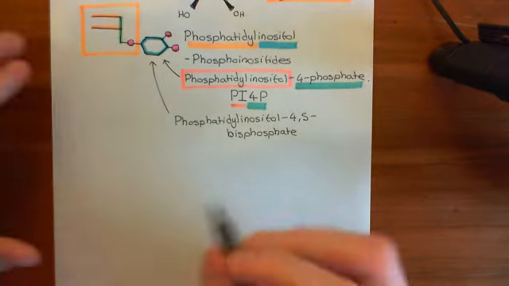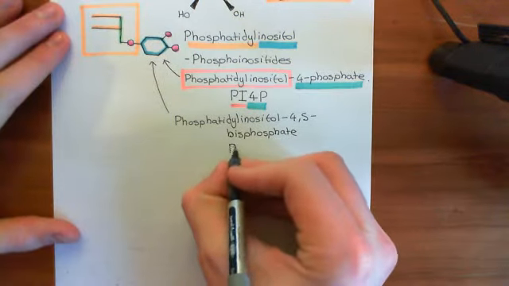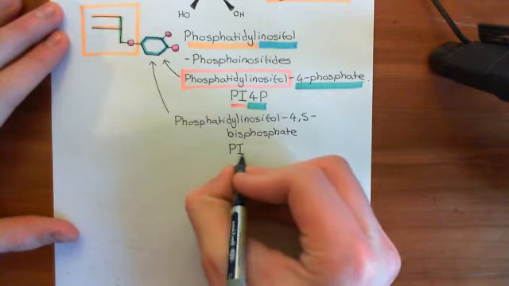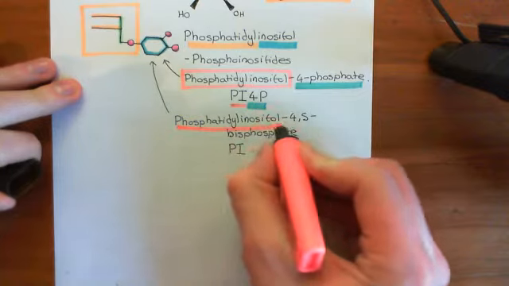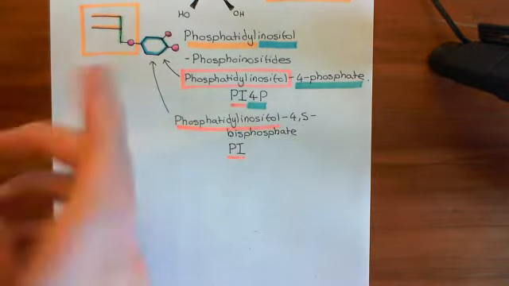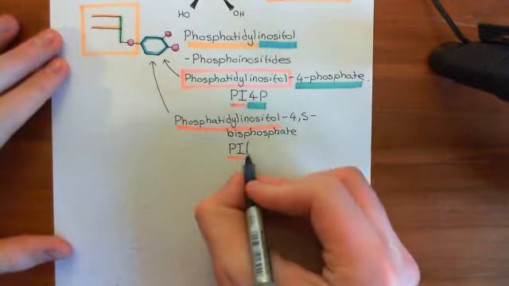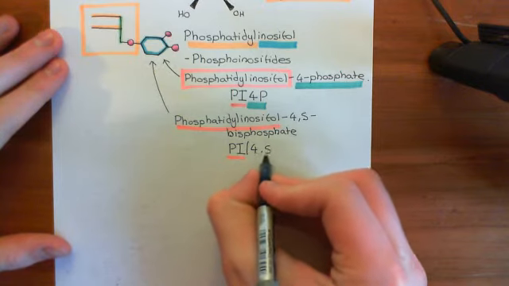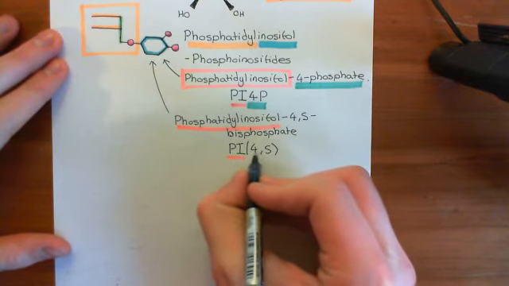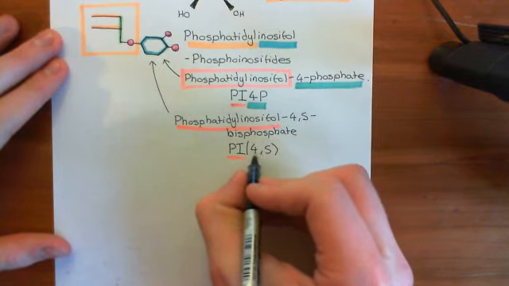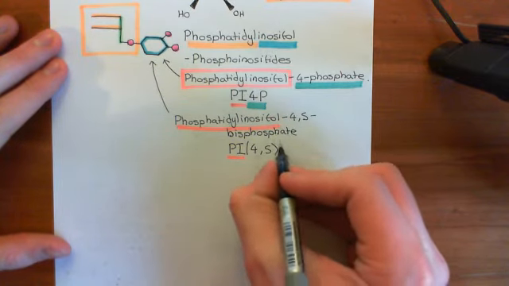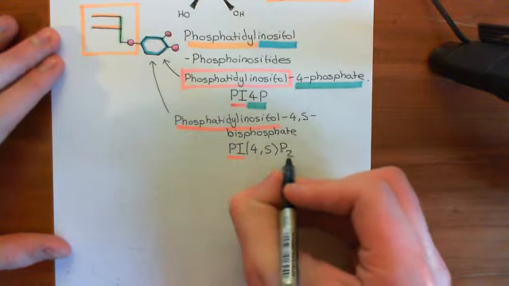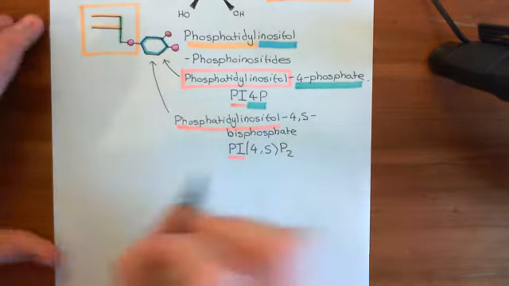Now, similarly, phosphatidyl inositol 4,5-bisphosphate is often abbreviated to PI, for phosphatidyl inositol, because of course we do have that once again in our structure. Then it's bracketed 4,5, to tell us which alcohol groups of the inositol molecule the phosphate groups are going to come off, and then we put P2 for bisphosphate.